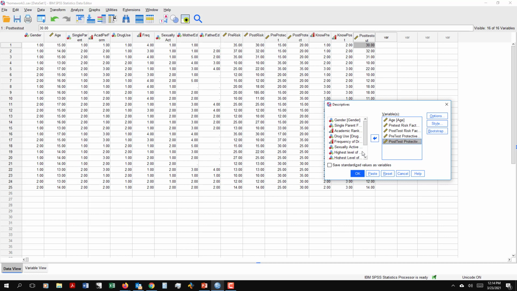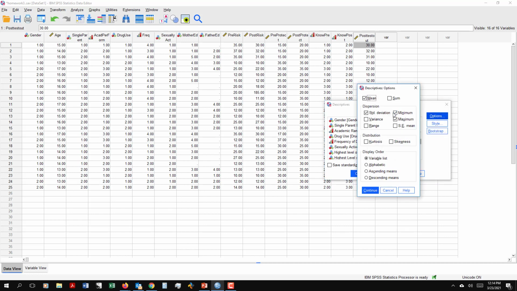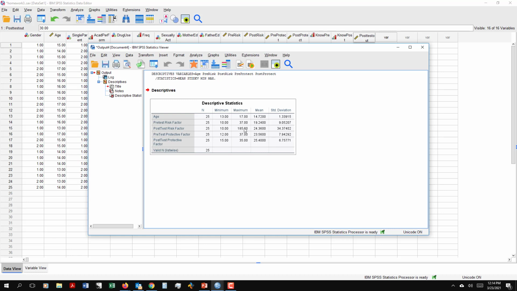Those are all of our scale level. And so here we want the mean and the standard deviation, the minimum and the maximum. That's pretty much what we're looking for here. So in age, the minimum age is 13, the maximum is 17. We have a mean of 14.7 years, a standard deviation of 1.33.